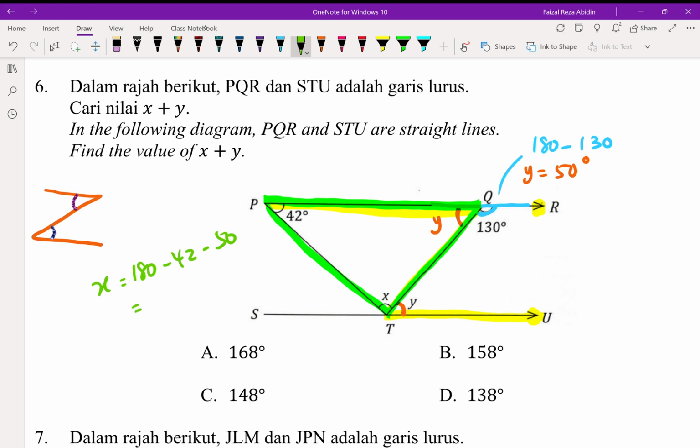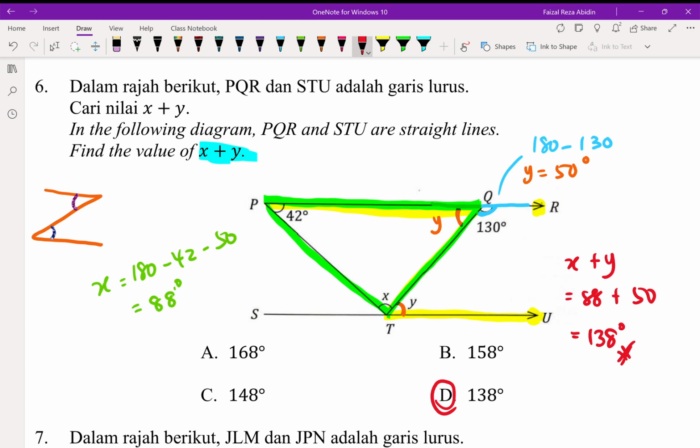So you are going to get 88. The question is asking for what? Find the value of x plus y. So 88 plus 50, we are going to get 138. So x plus y is going to be 138 degrees.